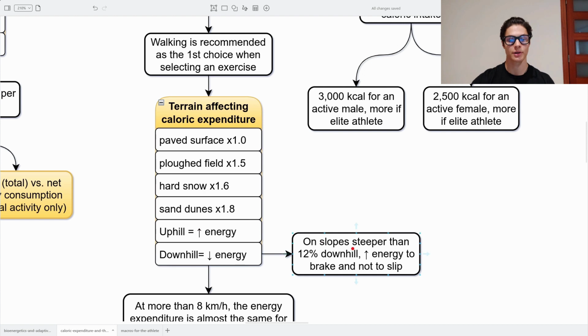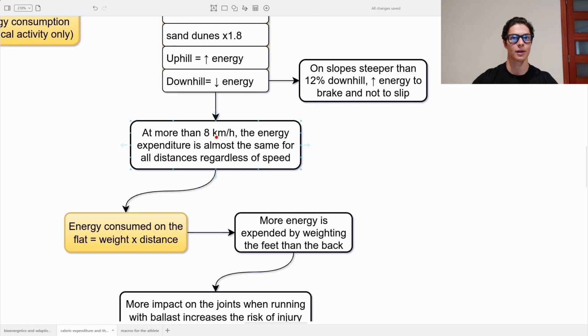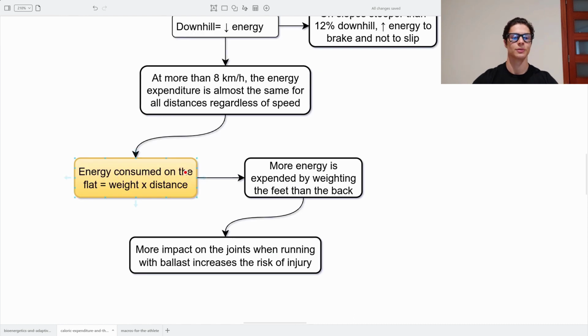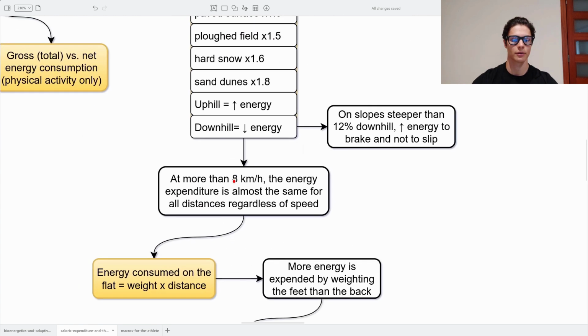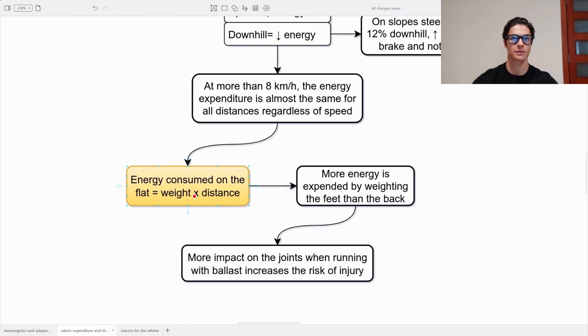But on slopes steeper than 12% downhill, there is a little bit more energy consumed to brake and to not slip. And we have to say that at more than 8 kilometers per hour, the energy expenditure is almost the same for all distances regardless of speed. And the energy consumed on the flat surface, so the paved surface by 1.0, equals the weight times the distance. And more energy is expended by weighting the feet than the back.